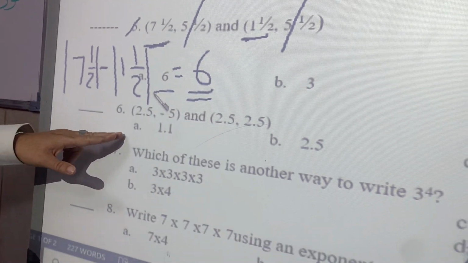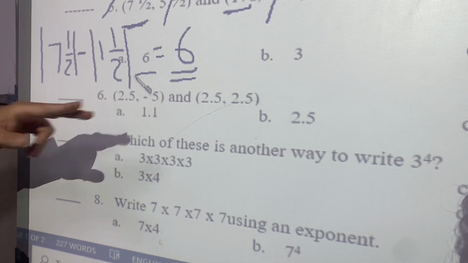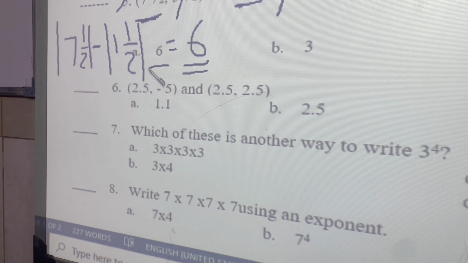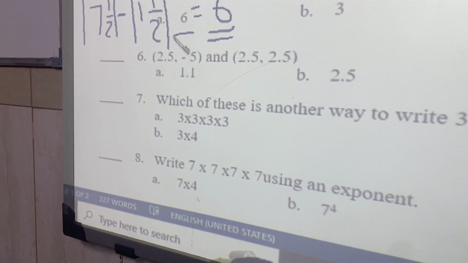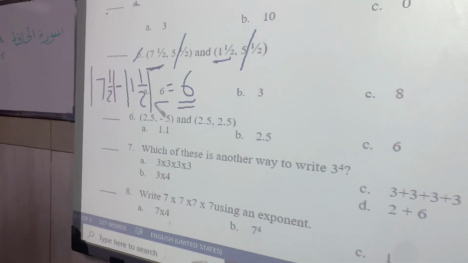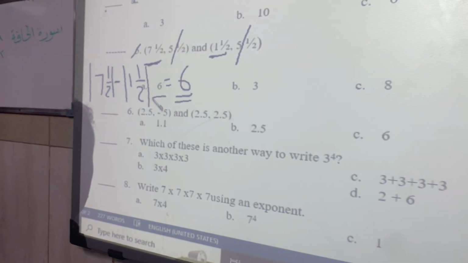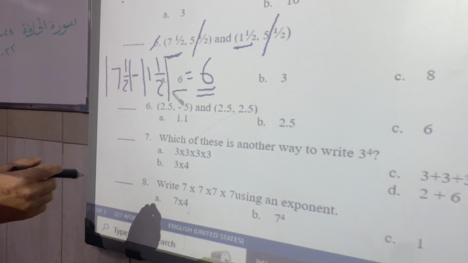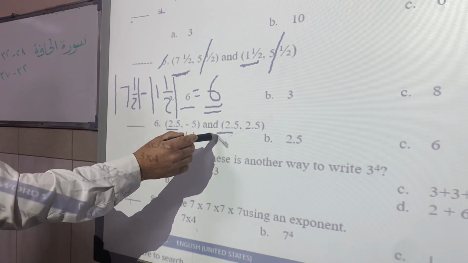Now the same way, 2.5 minus 5. Now question number 6, 2.5, negative 5, 2.5, 2.5. The x coordinates are the same, so I ignore them.